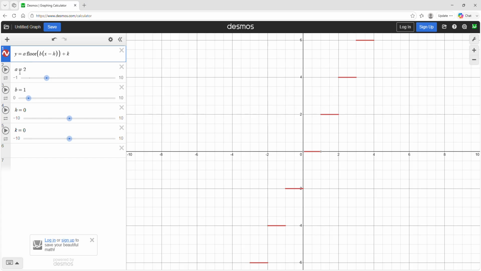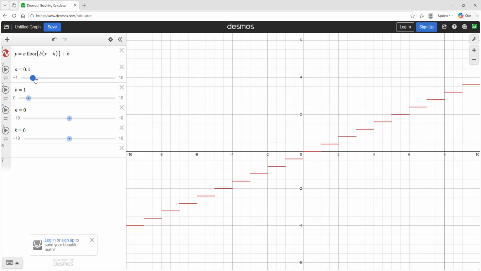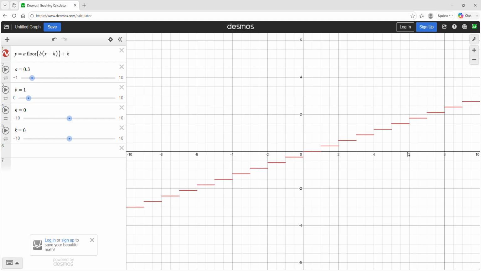We can see right here that a basically changes how much it jumps. It makes what we'll call a vertical stretch. If we go downwards, on the other hand, and make it less than 1, you'll notice they're all starting to come together, making a very fine line. As long as it's bigger than 0 but smaller than 1, you'll see that happening, all the way across, because the jump is becoming smaller and smaller.